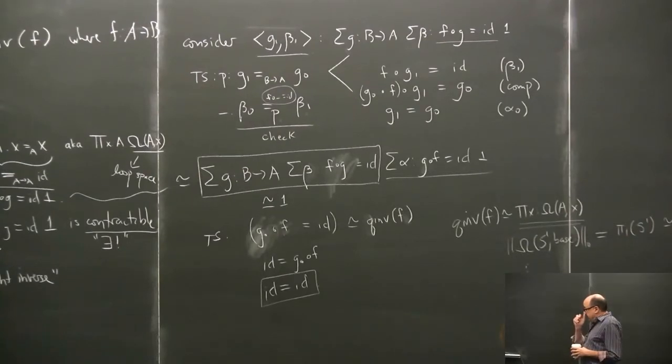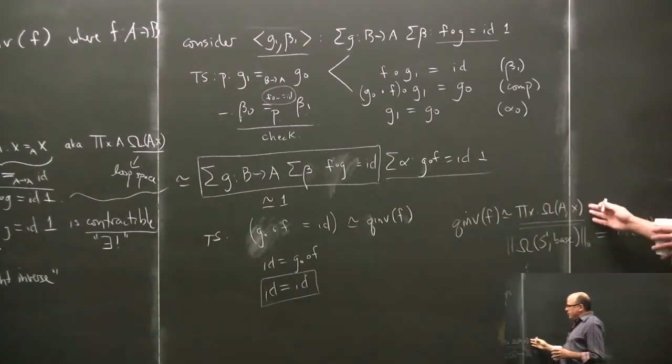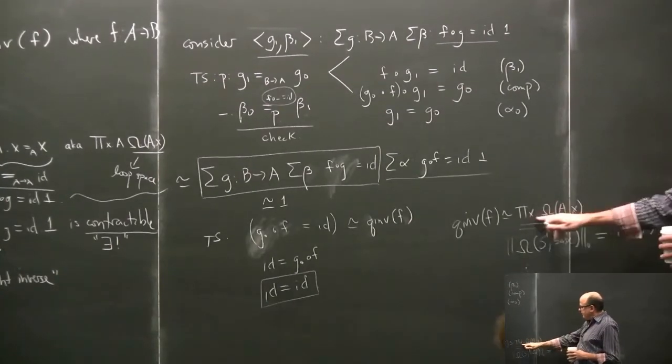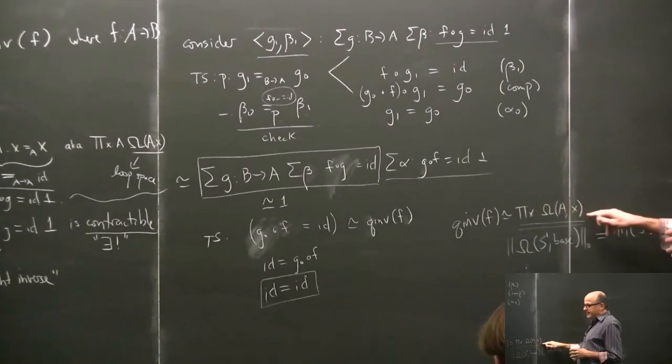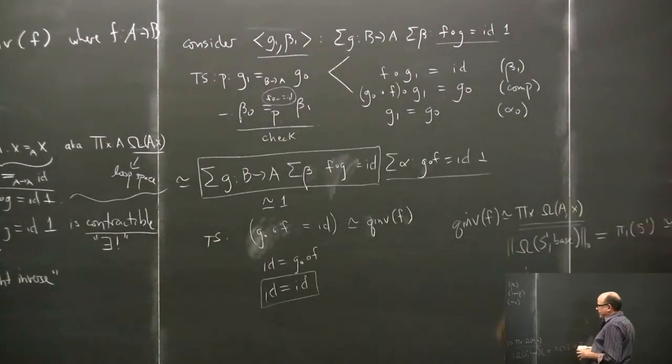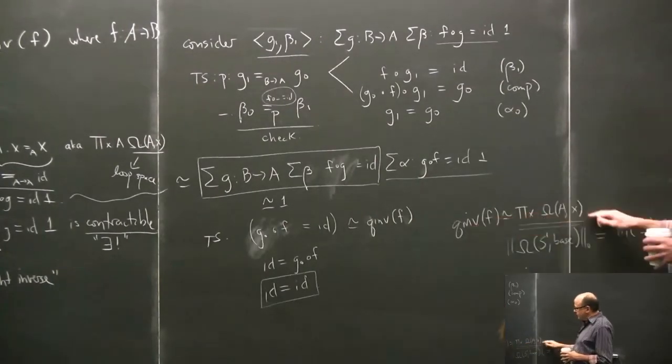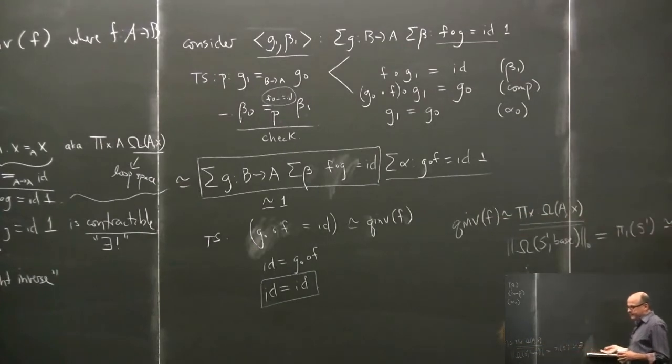Therefore we can conclude that this is not necessarily a prop because there exists an element of this for which this is not a prop. And therefore Q_inv of F, which is the product of all of them, is not going to be a prop.